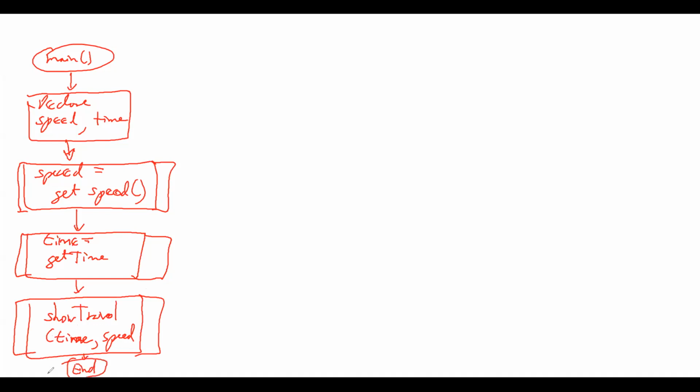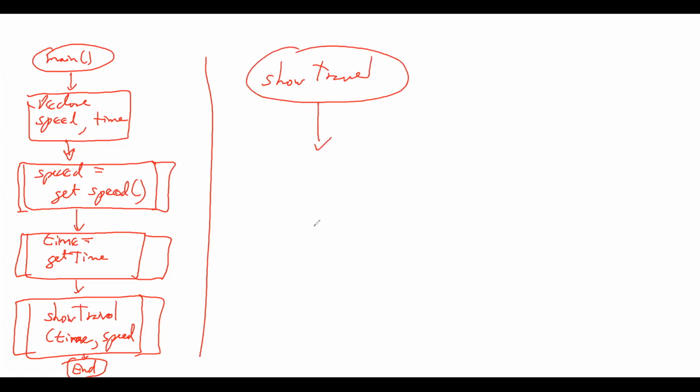All right, so now we just need to define the other functions. Let's start with show travel. Right, and then we got some of the declarations, but mainly we just got the conditional.